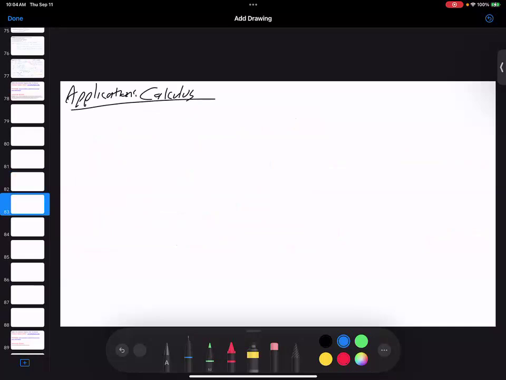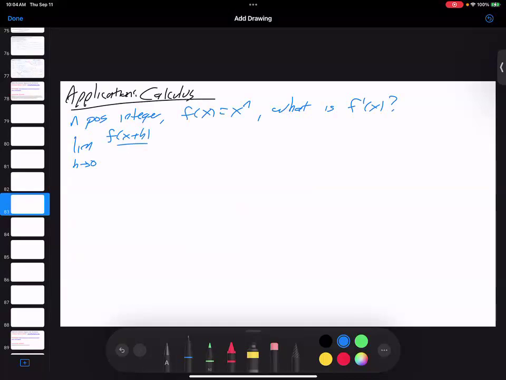And let's say we want to calculate, let's say n is a positive integer, f of x equals x to the n. What is f prime of x? Well, it's the limit as h goes to 0 of f of x plus h minus f of x over h.